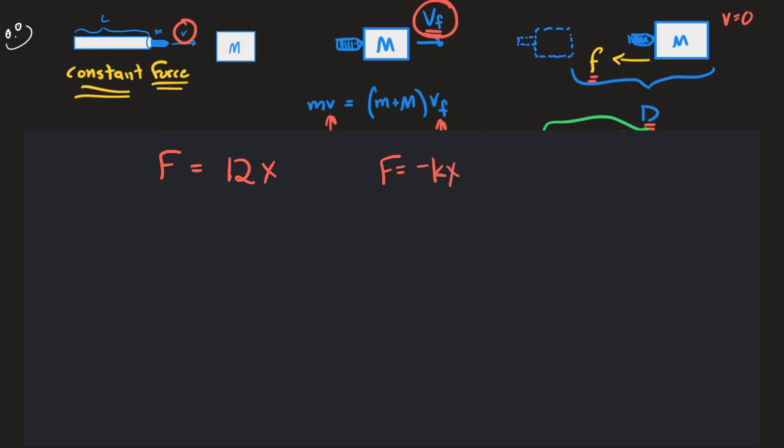A function of position. So, knowing about springs and knowing that they are a little different, the force is not constant. So suddenly motion equations are gone and force times distance is no longer the work.